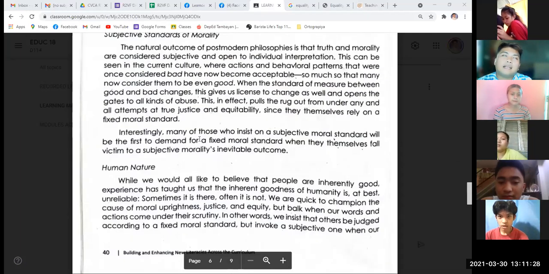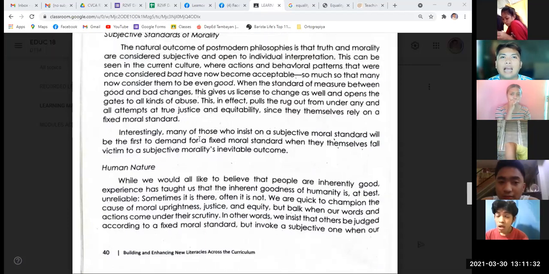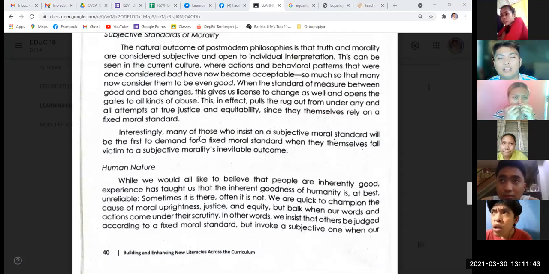There are instances wherein, when we talk about social skills, when we talk about social literacy, there are instances wherein if people around you commit mistakes, okay, nagkasala sa'yo, you will always find a reason to blame them. Okay?